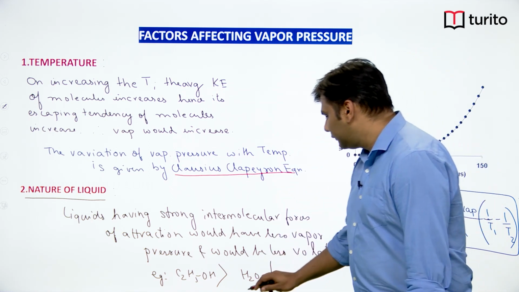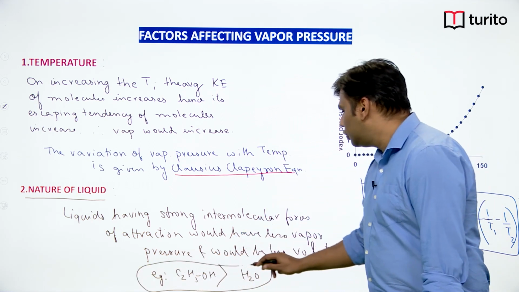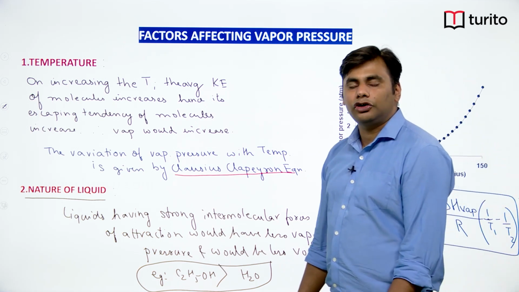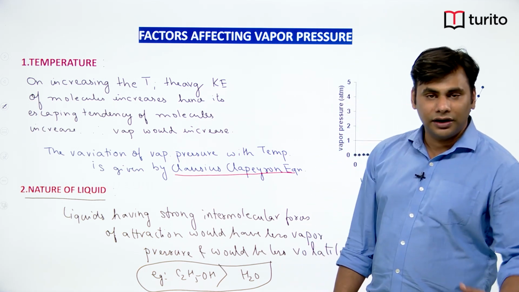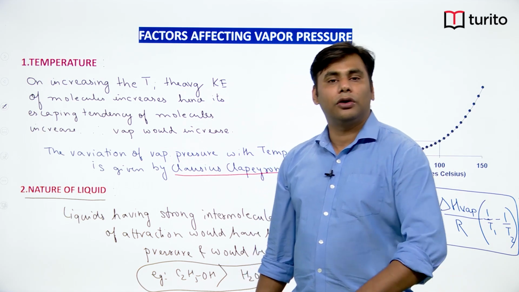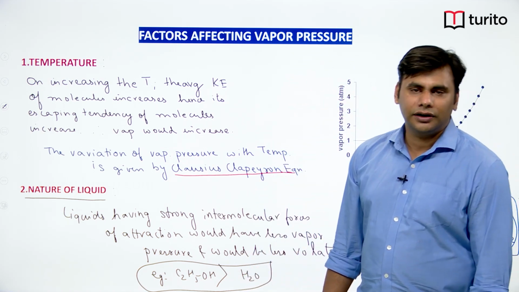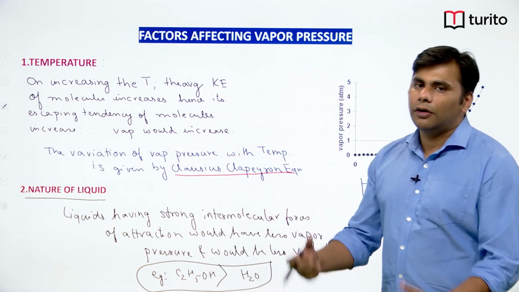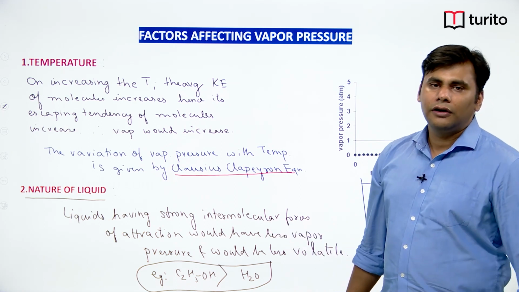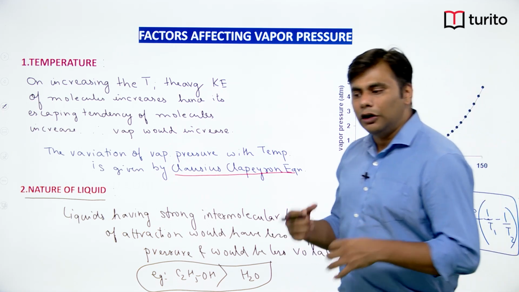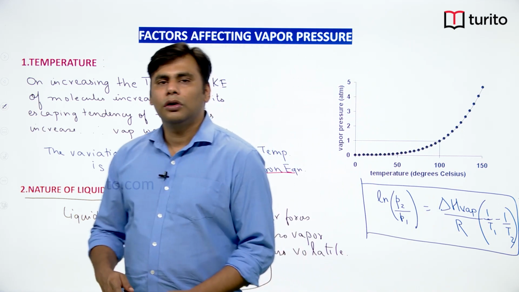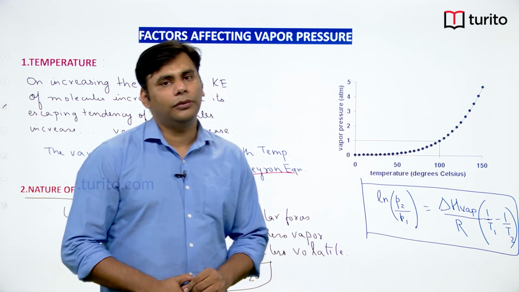I hope this point is clear to everyone. So any liquid which has strong intermolecular forces of attraction, something like strong hydrogen bonding or strong dipole-dipole interaction, will have less vapor pressure because the molecules will form strong bonds and will not allow each other to go outside the liquid solution and form the vapor.